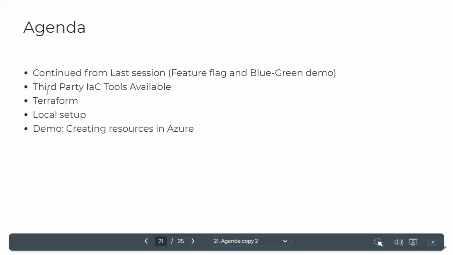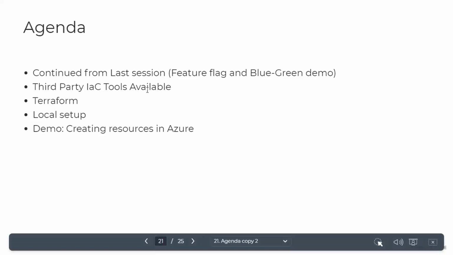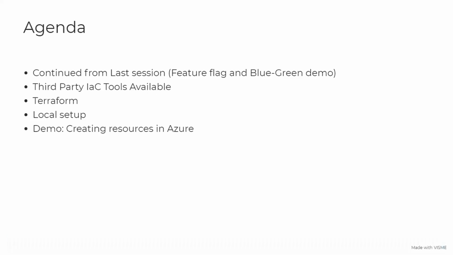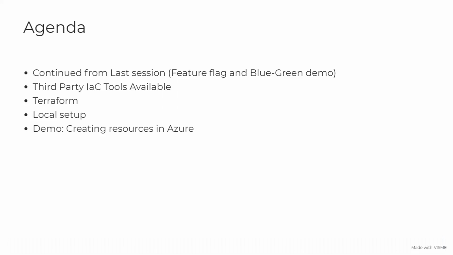For example, Chef, Puppet, Ansible, and Terraform, but mostly the popular ones are Ansible and Terraform. The main reason is that those tools are agentless.